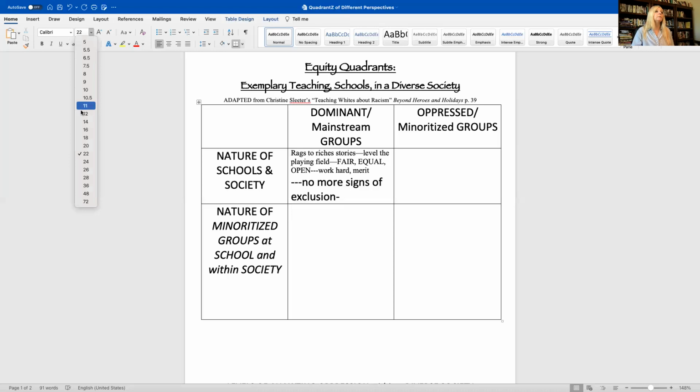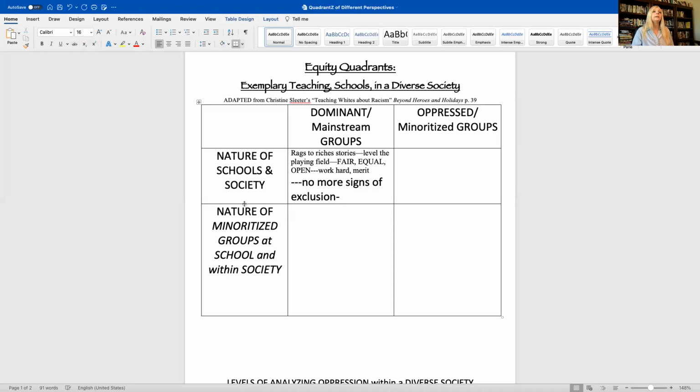Okay, so from the dominant perspective here with the nature of minoritized groups, we're still looking at the dominant perspective. We still got that mainstream white middle class primary English speaking perspective, which is important because that's the perspective that most of our teachers come from. If we look at the teaching profession, it is overwhelmingly white.